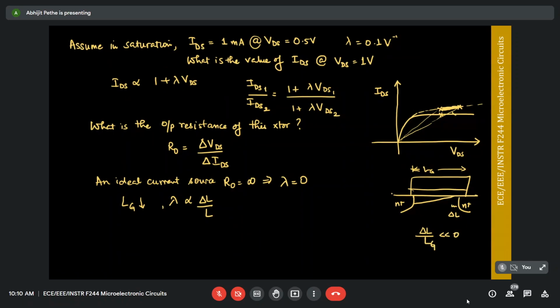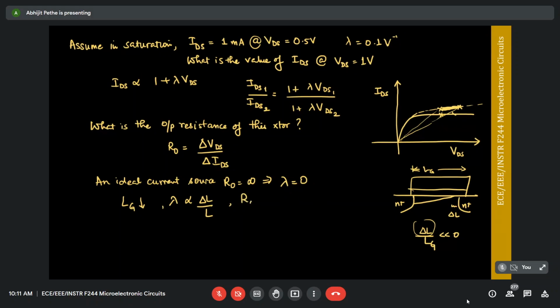So we say that even as VDS increases, the effective gate length of the channel continues to remain LG. However, as you reduce the gate length, this delta L becomes a larger and larger part of your LG. So as your gate length reduces, your lambda increases.